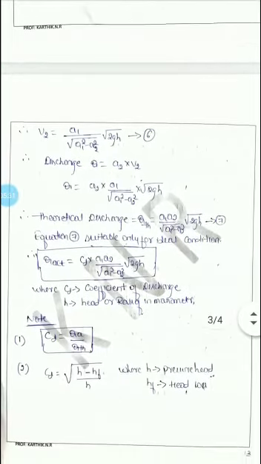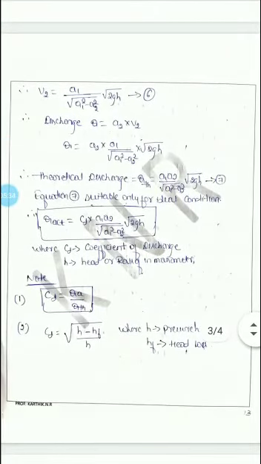Here the discharge equation is Q equal to A2 into V2. Substituting the value of V2, Q is equal to A2 into A1 divided by square root of A1 square minus A2 square, into root of 2gH. This equation is known as the theoretical discharge.